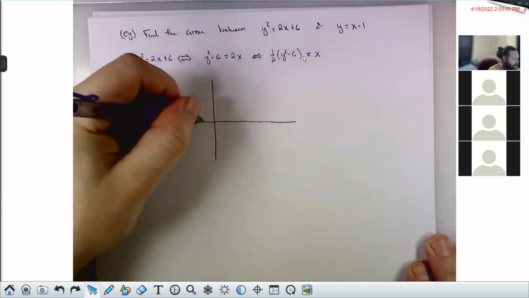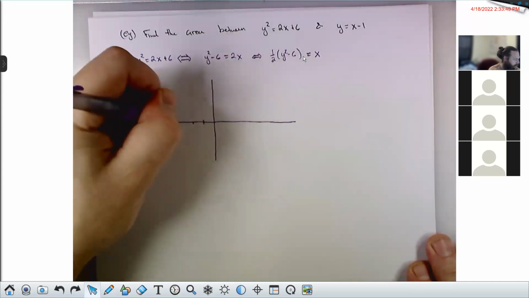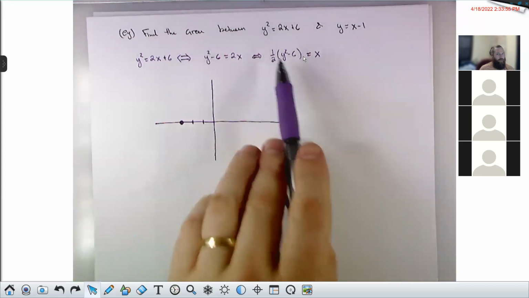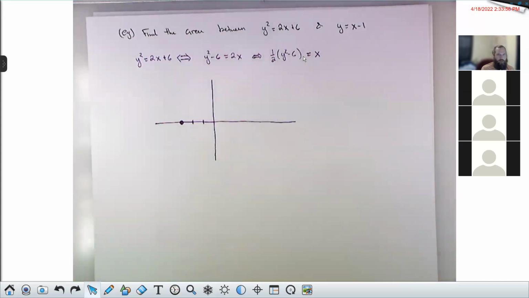So y is 0, that means we're on the x-axis. Let's go to -1, -2, -3. And because there is no linear y term, that's going to be your vertex. The roots would be at plus and minus the square root of 6. If you set this equal to 0, you've got x equals √6 and x equals -√6.